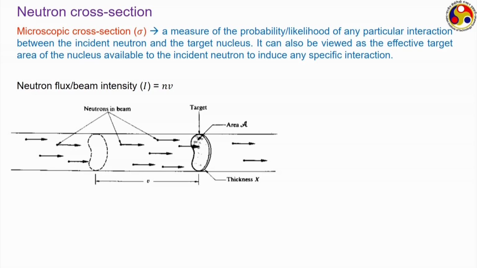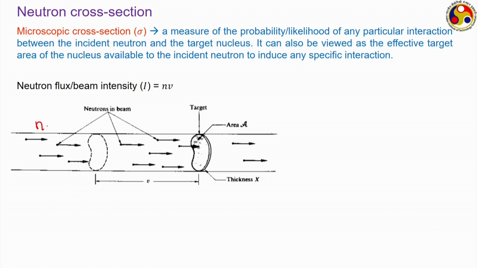Let us say we have a tube within which we have some kind of target, having an area A and thickness x, and neutrons are passing through this channel and are expected to strike this target area. All the neutrons have the same velocity v, and the number density of the neutrons travelling through this is given by small n.